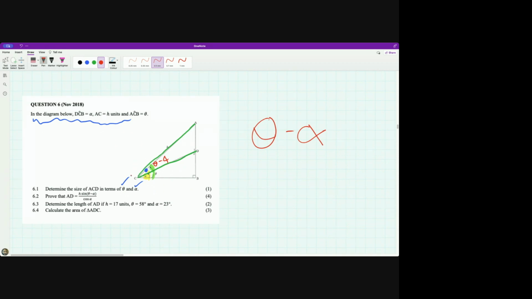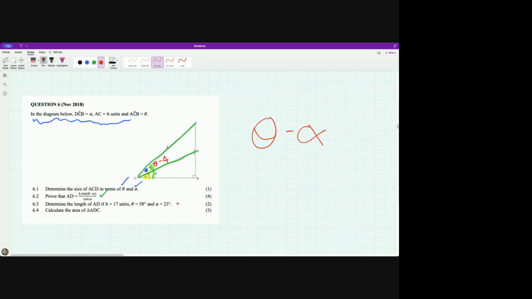Good. Okay, now, because time is limited, if there's enough time, I will come back to 6.2 to help you. But you know what a lot of students do is they freak out about 6.2 and they forget that they don't even need to answer that to do 6.3. So before I do 6.2, I want you to do 6.3 for me, just really thinking about what's on the page.